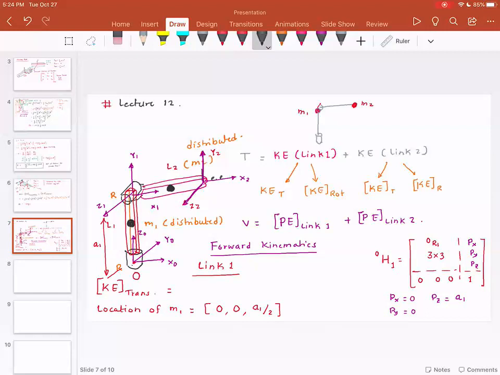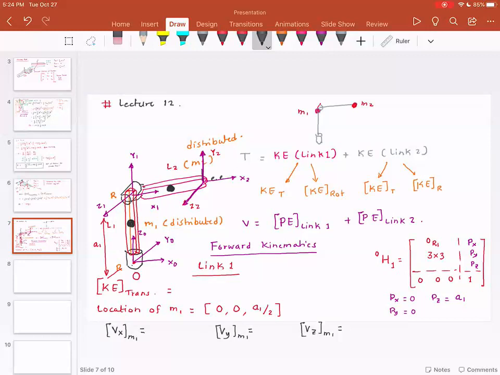I'm interested in finding out the velocity. So for mass m1, I want to find Vx of m1, Vy of m1, and Vz of m1. I'm interested in finding out the velocity in x direction, y direction, and z direction for mass m1.